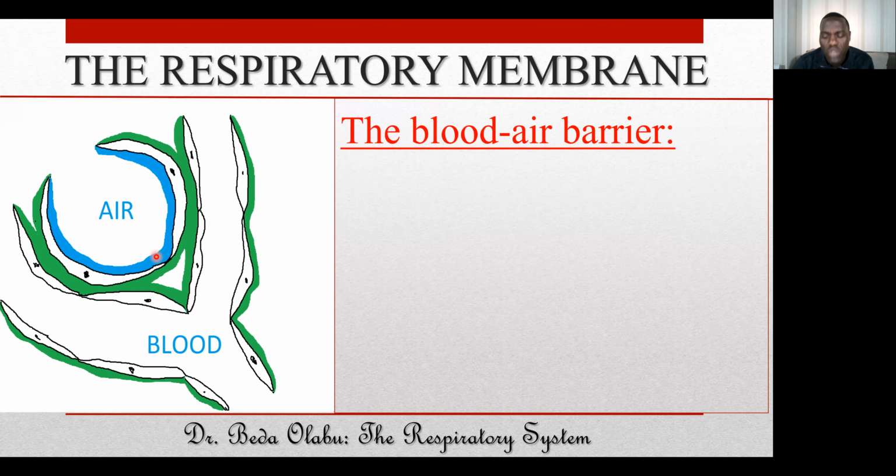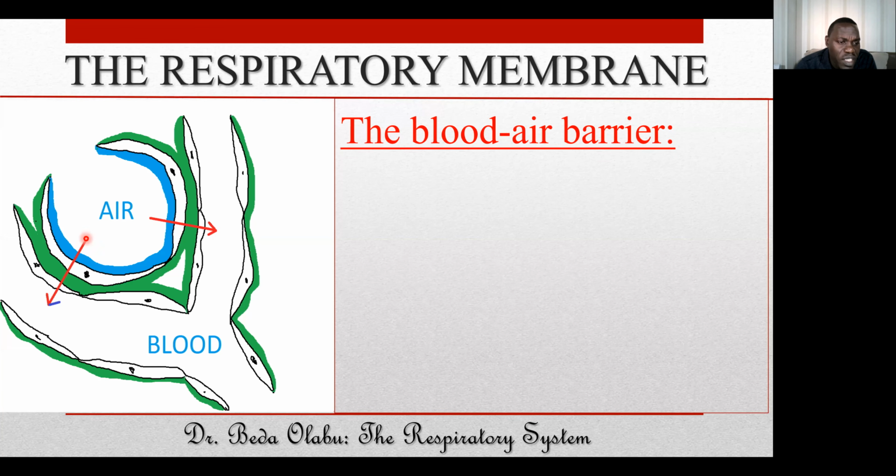So if you want to talk about the blood-air barrier, we just want to talk about the structures traversed by air, let's say oxygen, from the alveolus to the bloodstream, and for carbon dioxide from the bloodstream to the alveolus. For the sake of simplicity, let's just follow the one of oxygen, represented by the arrows.